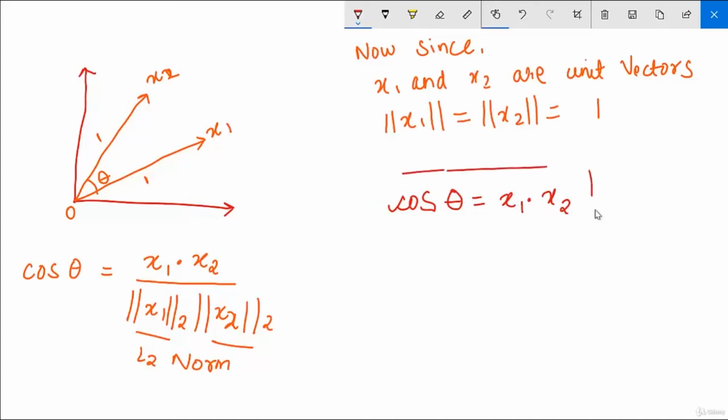This was just a concept which will be used further. I'm just revising what we have learned in class 11th and 12th. Alright, so this is how we work with unit vectors and dot products.